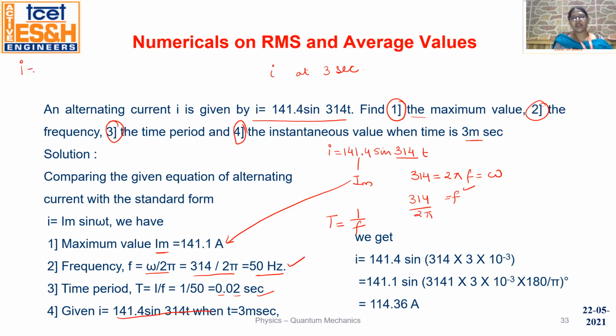You have to simply write this equation as 141.4 sine 314 multiplied by t, 3 into 10 to the power minus 3 because it is in millisecond. Multiplied by, to convert this radian into degree, you have to multiply it by 180 divided by pi. Then this is your value of current which comes after solving this equation.